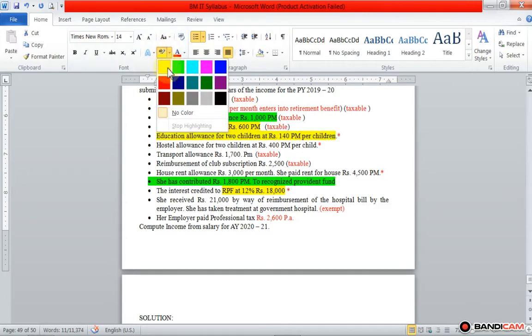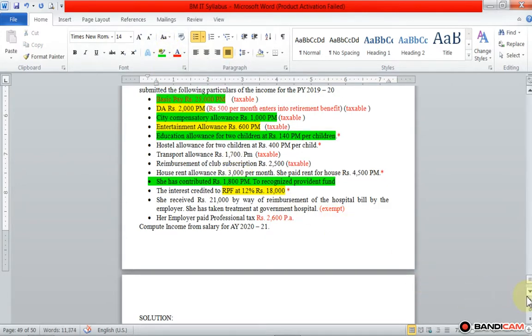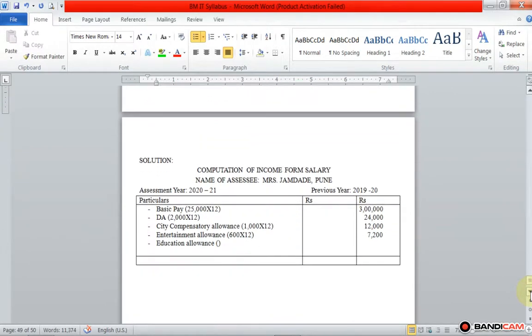So 2 multiplied by 140 multiplied by 12, because the 140 is per month, so we compute the education allowance for the whole year for two children. 140 multiplied by 2 children, into 12 months, so here the amount is rupees 3360.